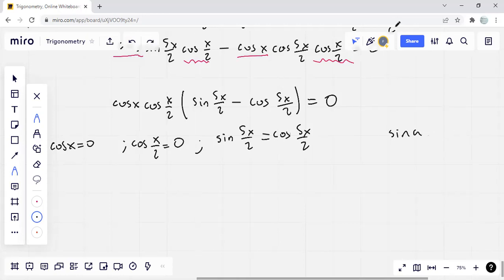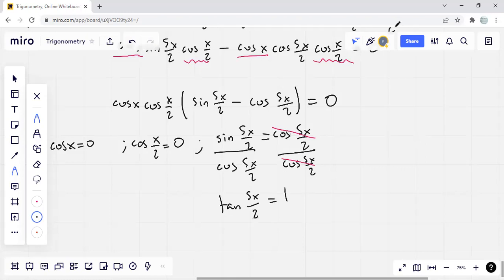The easiest way to solve this is to divide both sides by cosine of this angle, cosine of 5x over 2, because in class we wrote cosine of A. Now these will cancel out, and we are left with tangent 5x over 2 is equal to 1.